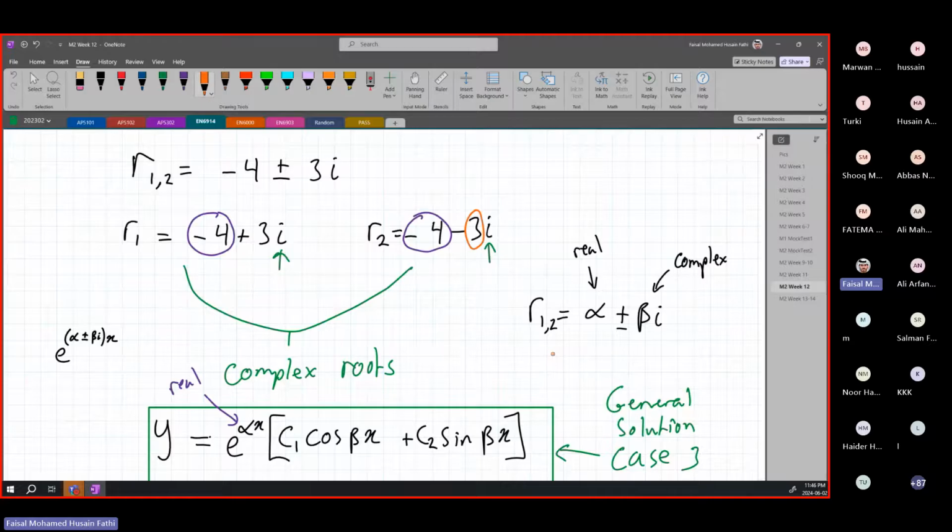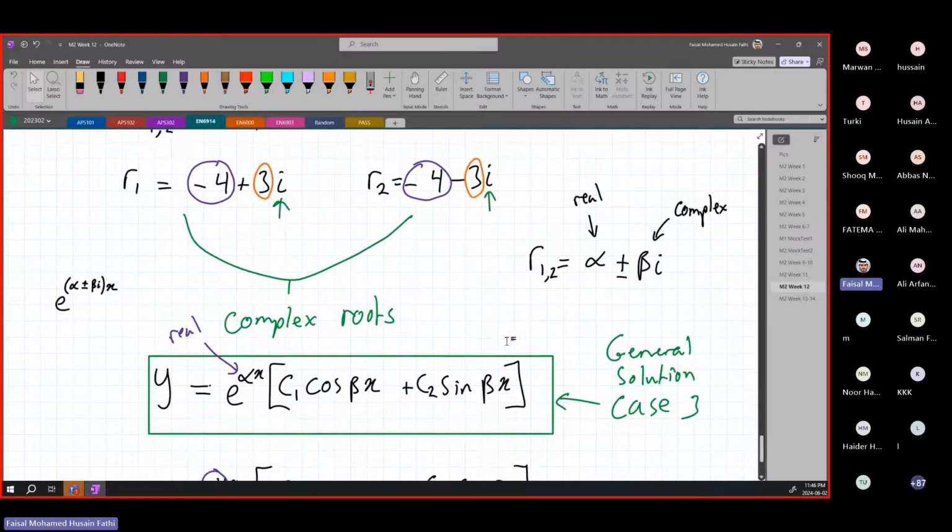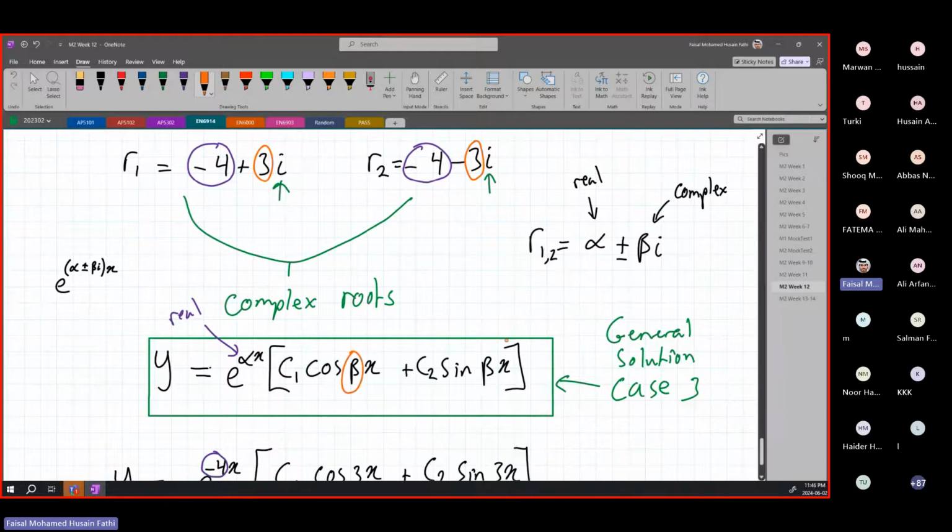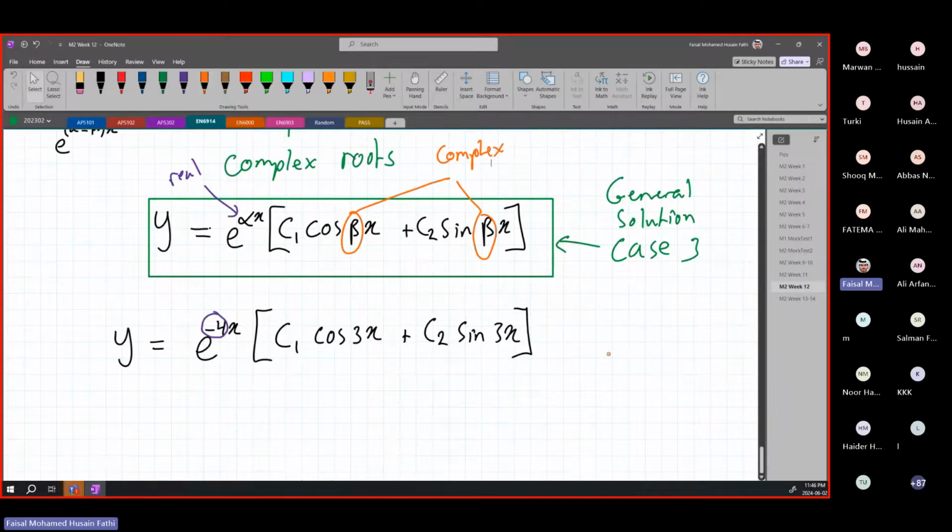Ignore the sign because you have plus and minus. So the complex part is the 3. The 3 is going to be plugged in for beta. This is our complex part. So the complex part is going to be here as 3 and 3.